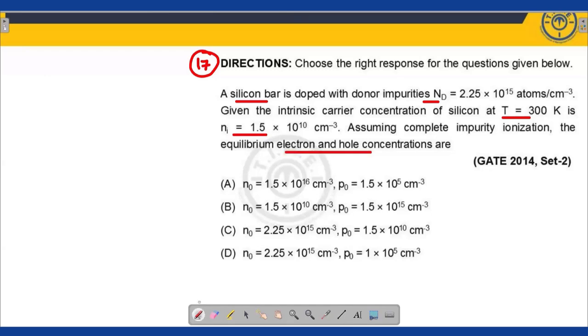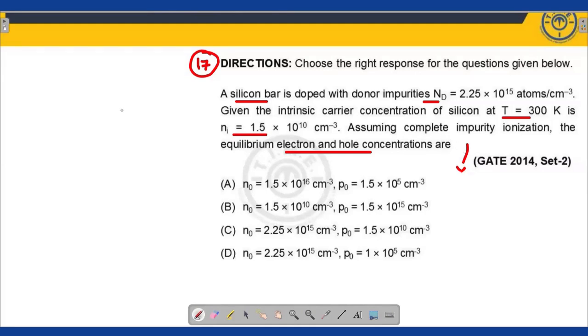Now, my dear friends, it is asking to assume complete impurity ionization. Okay, whatever it may be, there is no issue over here. Impurity ionization means you are going to get, my dear friends, the values in the form of n0 and p0 instead of n and p in the semiconductor.